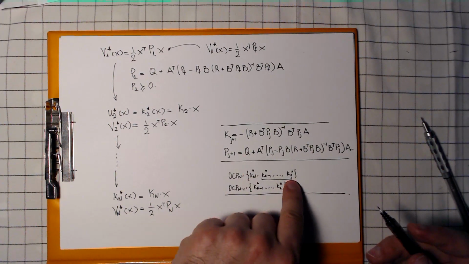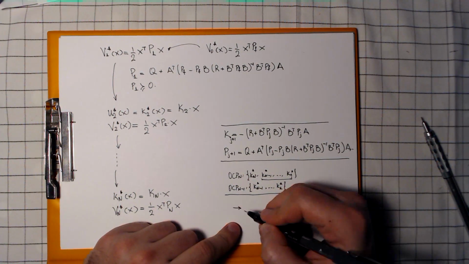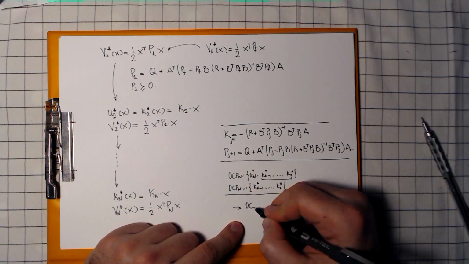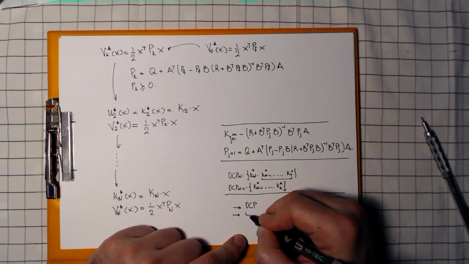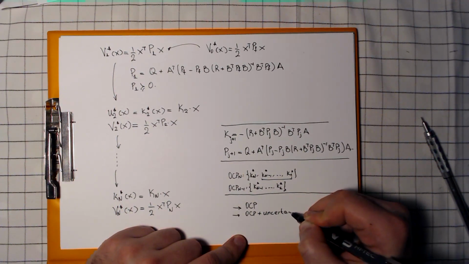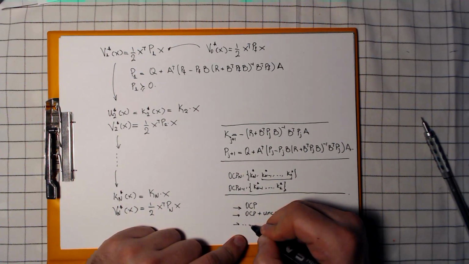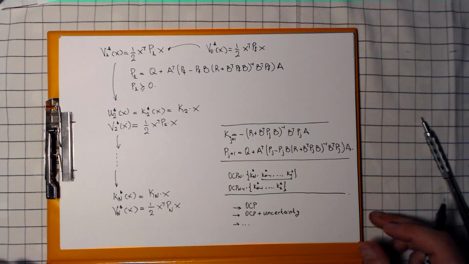These are not vectors, these are functions. And dynamic programming has applications in optimal control problems, also in optimal control problems with uncertainty, and many more applications that we will explore throughout the rest of the module.